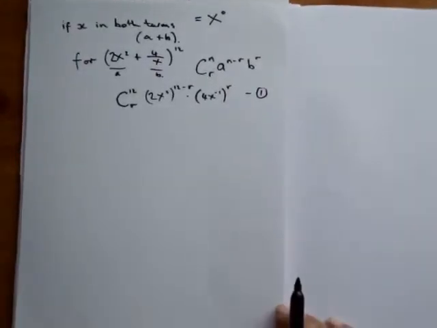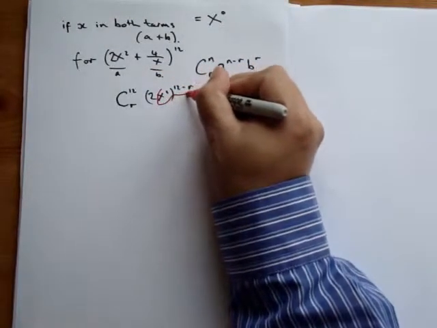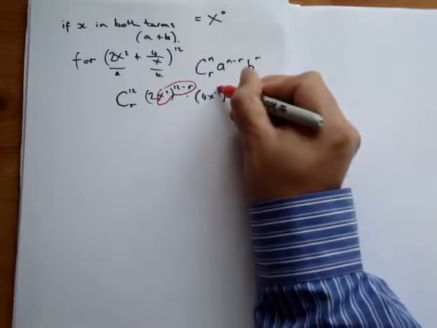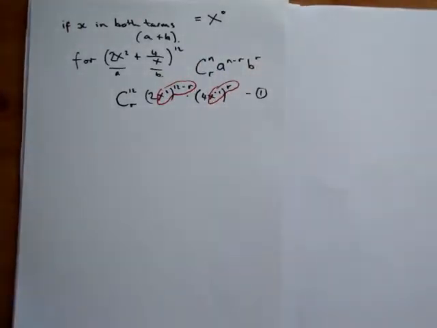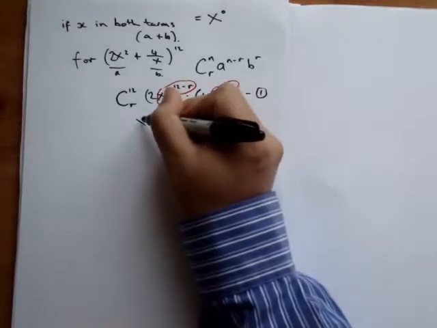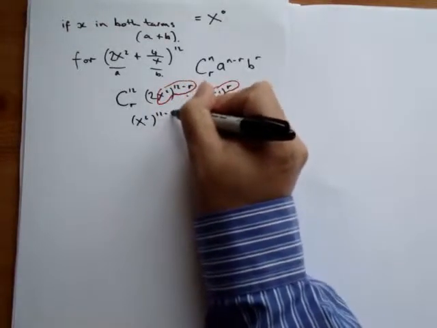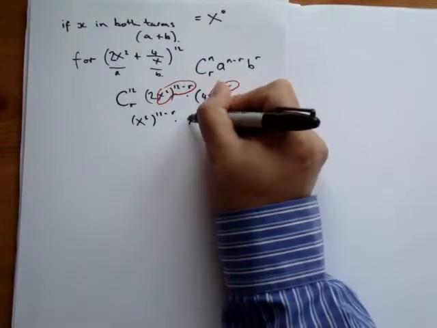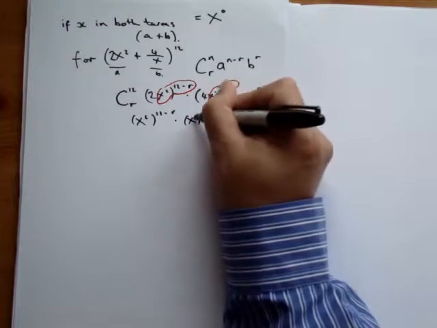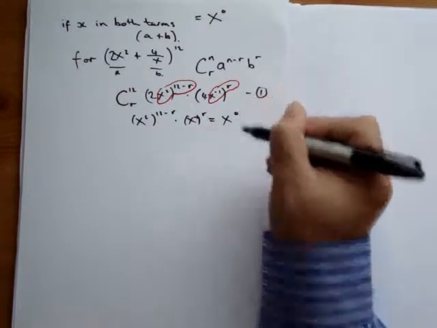Now what we do is we're only interested in the x's, so we're only interested in this part of this equation. So if we write that out, we get x squared to the 12 minus r multiplied by x to the minus 1 r equals x to the 0.